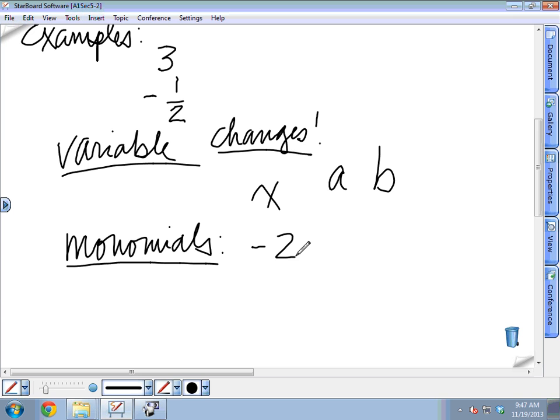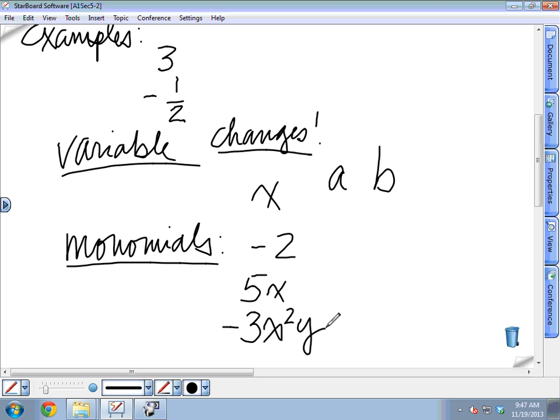Okay? As soon as I say 5x, I have a monomial. It's positive 5x. It's understood to be positive. Okay? That's a monomial. If I say minus 3x squared y, that is a monomial. Okay?